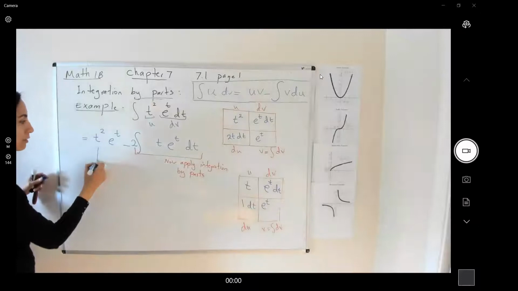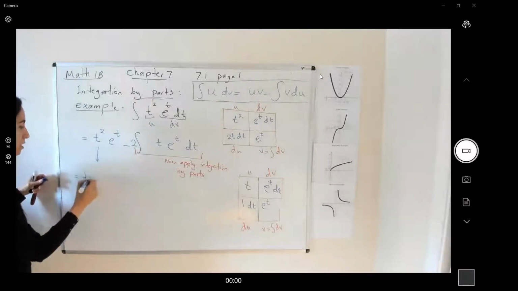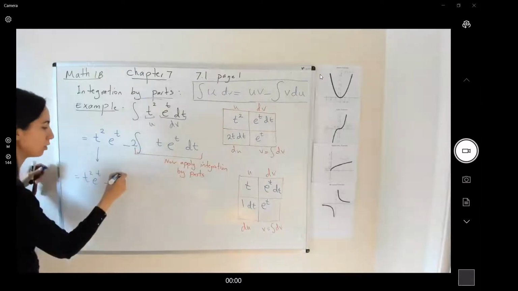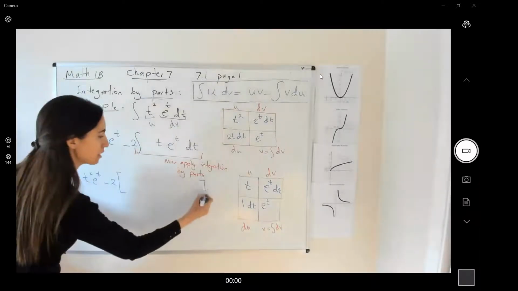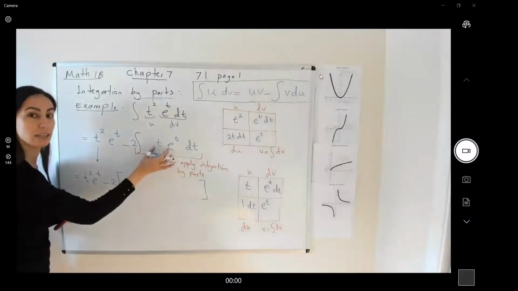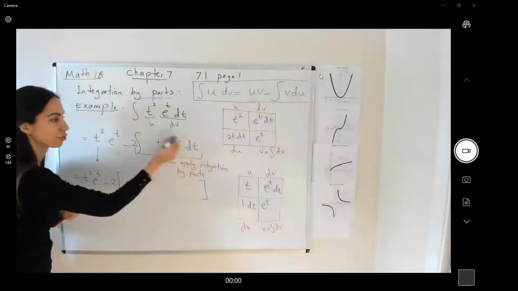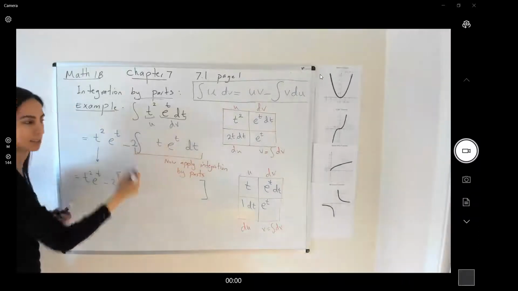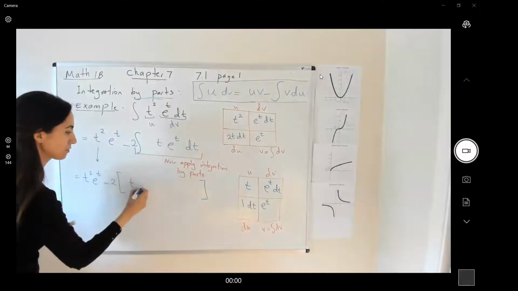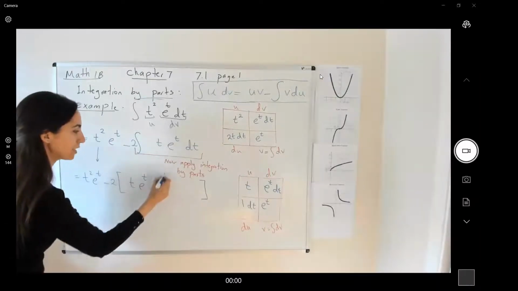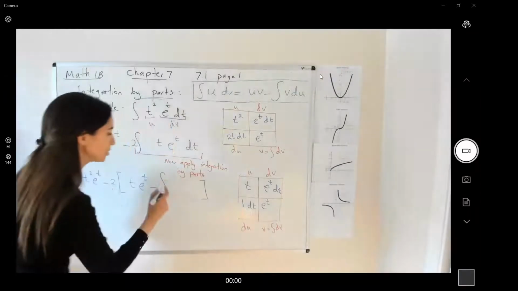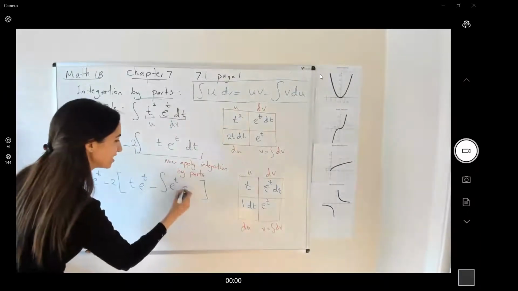So we copy down the first term, t squared e to the t minus 2, and now you put everything inside brackets because you applied integration by parts for this integral. Uv, t e to the t, minus the integral of v du, e to the t dt.